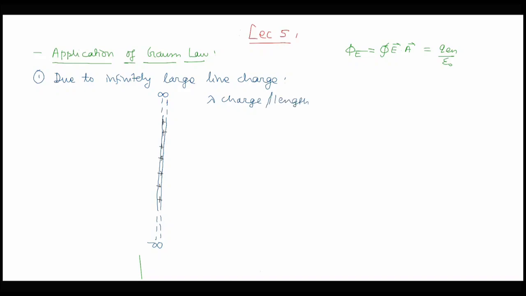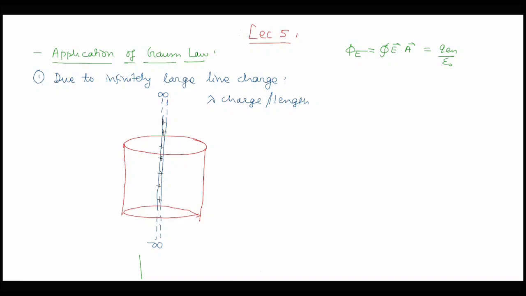In order to solve this, we are selecting a Gaussian surface. The Gaussian surface which we are using here is cylindrical. This system has a cylindrical symmetry, which suggests that we use a cylinder as a Gaussian surface with an arbitrary radius and length. I am considering a cylinder with the line charge located at the center of the cylindrical axis.